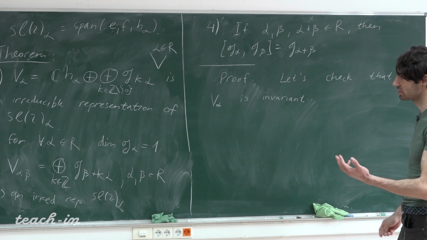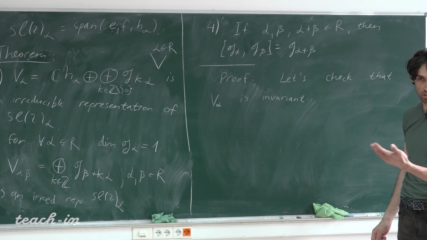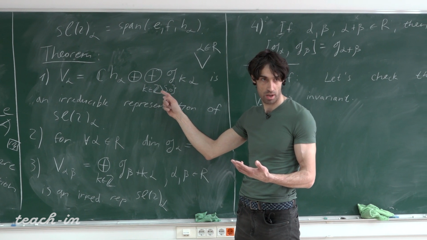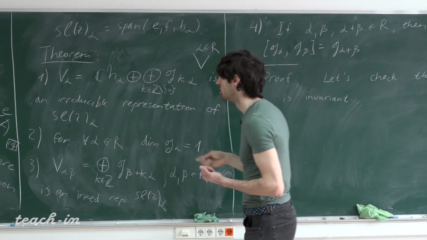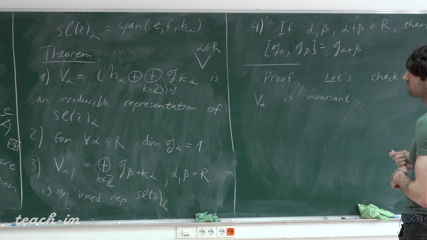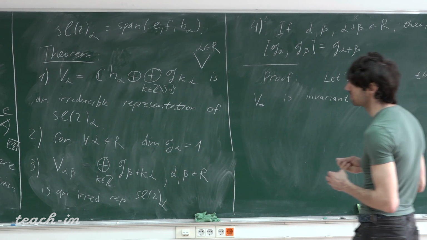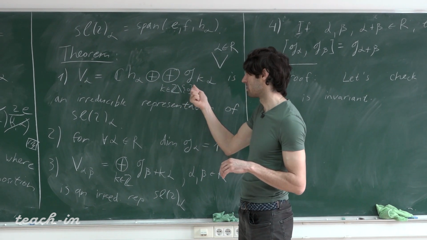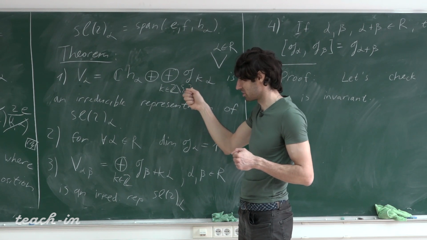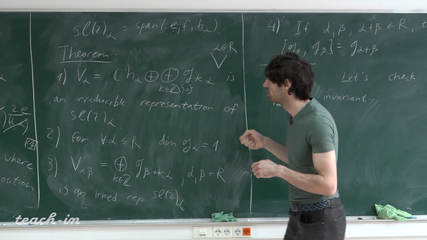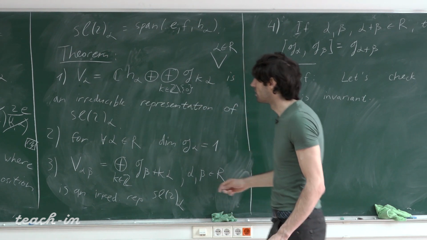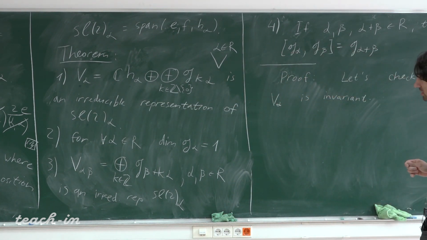So I just need to take E, F, and H alpha, the SL2 triple, and act on elements from here. I would like to obtain elements in here again, right? It's kind of clear that I can use linearity of the adjoint action and just take some element living in a direct summand. So if I take something from here, H alpha. Right, so it's a bunch of checks.